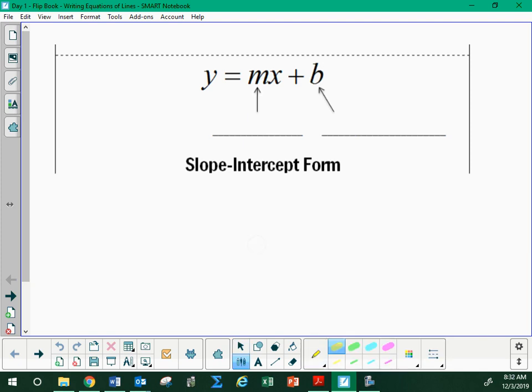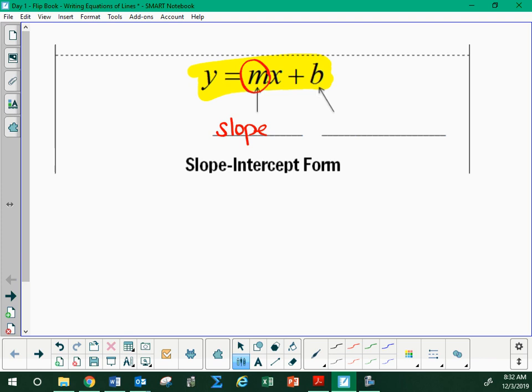You do need to have this memorized. M is our slope, and it's only the m value, not mx.